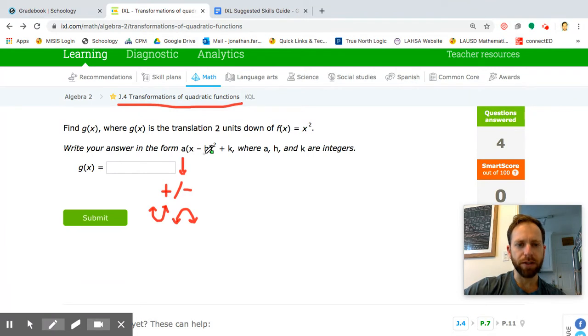All right, the x stays the same. The h value actually tells you, since it's paired with this x, the x-axis goes left and right. This h tells you how far it moves left or right. So think of that as how far left or how far right it moves, right? So if it's moving left, it's negative.